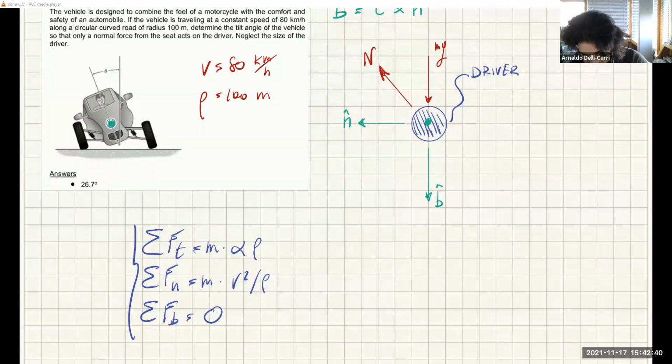Now the only thing that is left is to split this only force that is neither along N, nor along B. So let's do N, this is N. Then N has a component along N, and a component along B. This theta is unknown, so this is what we don't know, unfortunately. So this angle is unknown, and that also means that this angle is unknown.